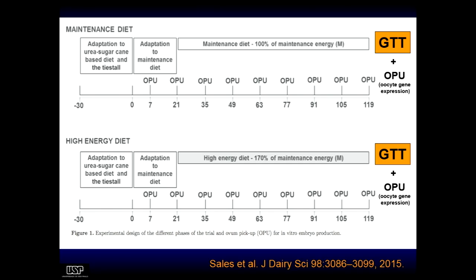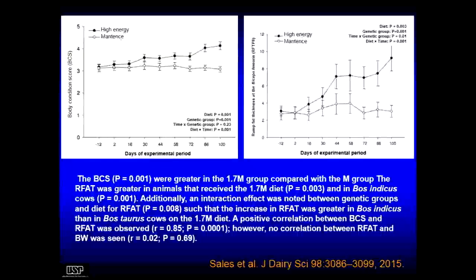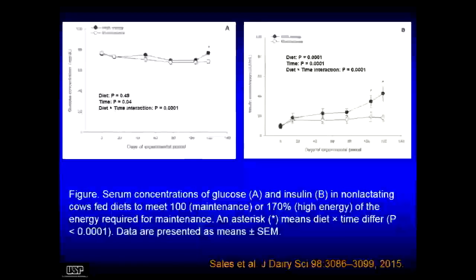So this is non-lactating cow. We did ovum pick-up here for gene expression also, and for glucose tolerance test. And here, when we increase the energy, of course, we improve the body condition, we improve the subcutaneous fat measured by ultrasound, as we expect.